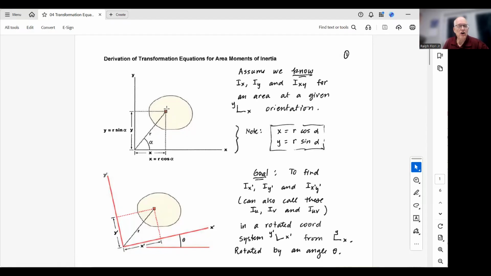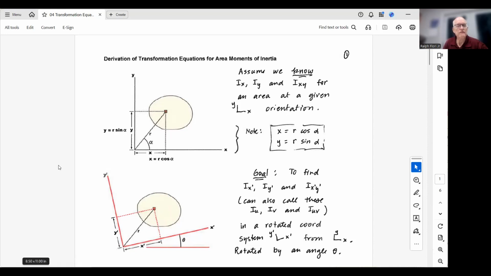We're going to define an r distance from the origin to the dA. We're going to define an angle alpha and a distance x, which is equal to r cosine alpha, and a distance y that's equal to r sine alpha.